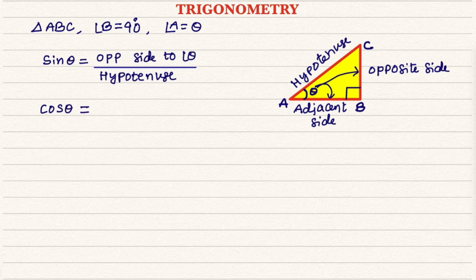Cos theta is the ratio of the adjacent side to angle theta to the hypotenuse. Then we have the next ratio, that is tan theta.